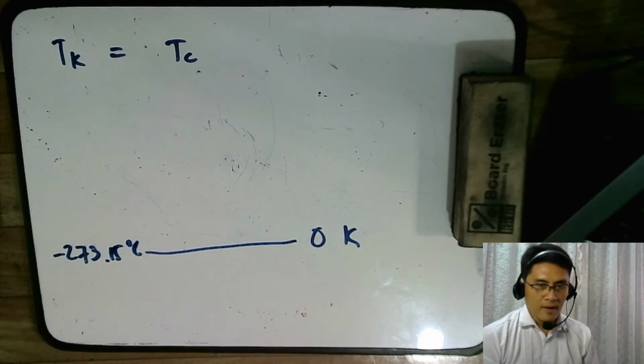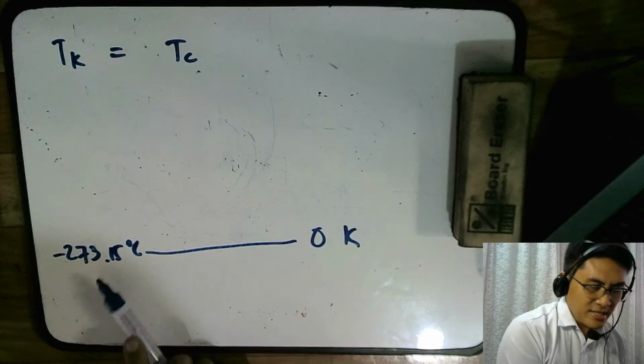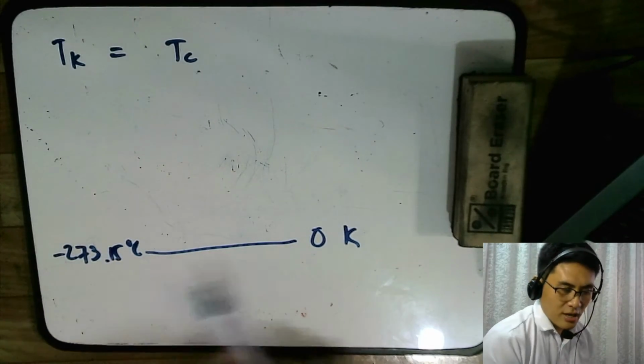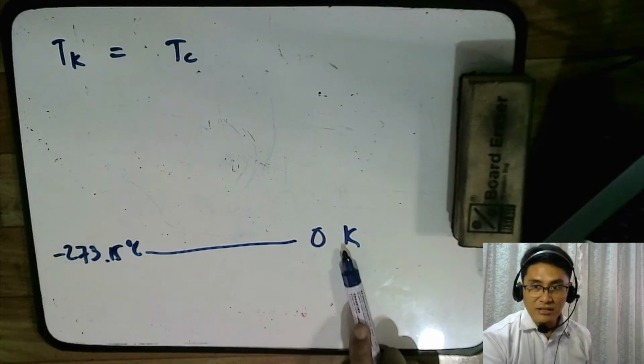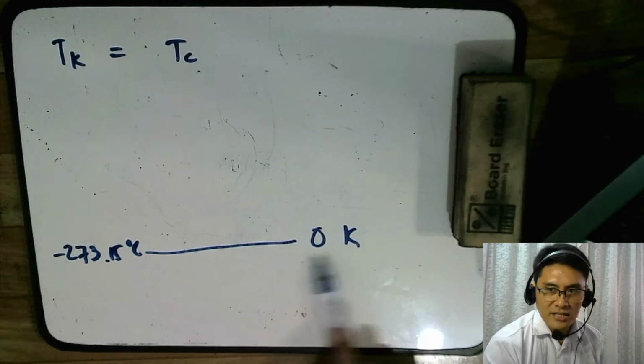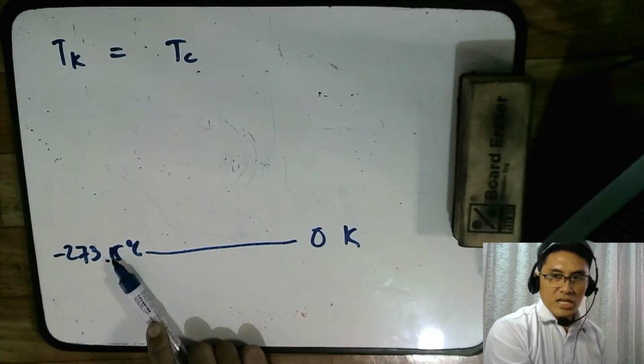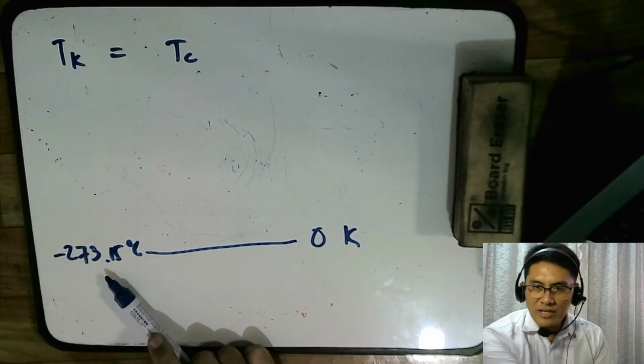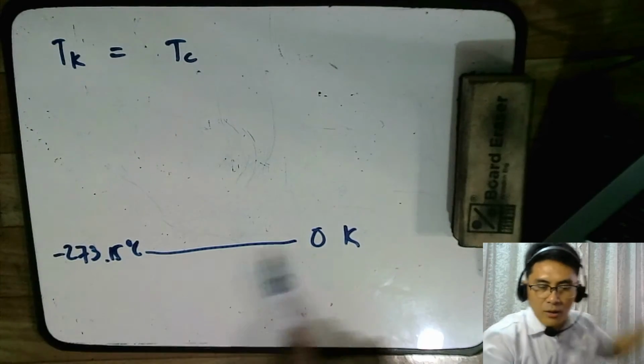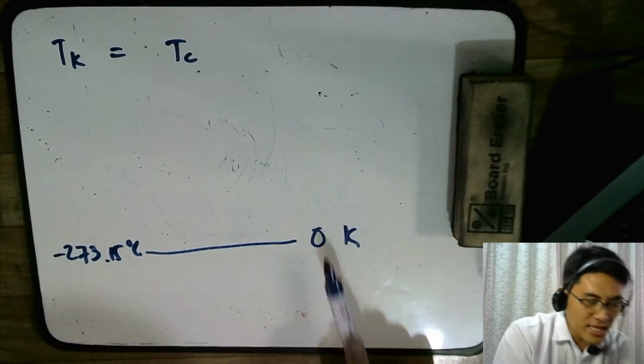And again, if you look at this, Celsius has a disadvantage. Kelvin has an advantage because this starts at the starting point, while the Celsius starts negative 273 further back from the starting point.